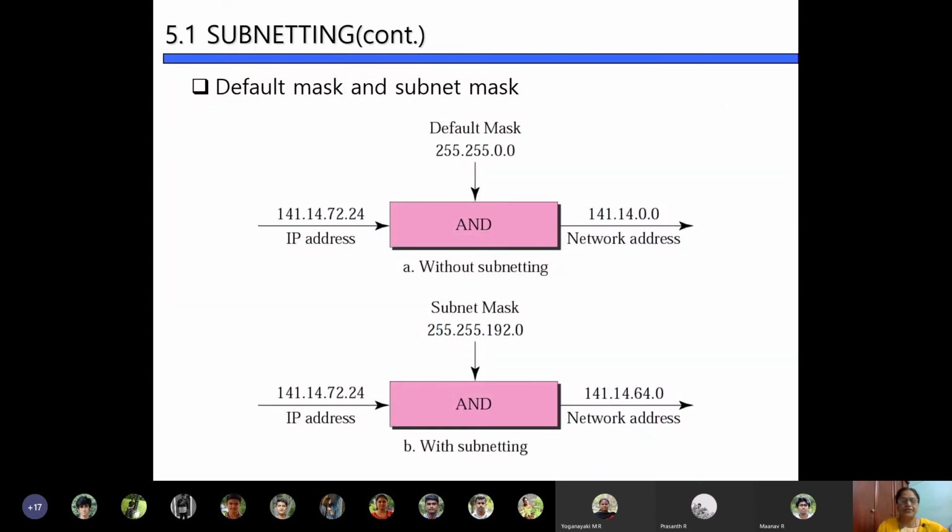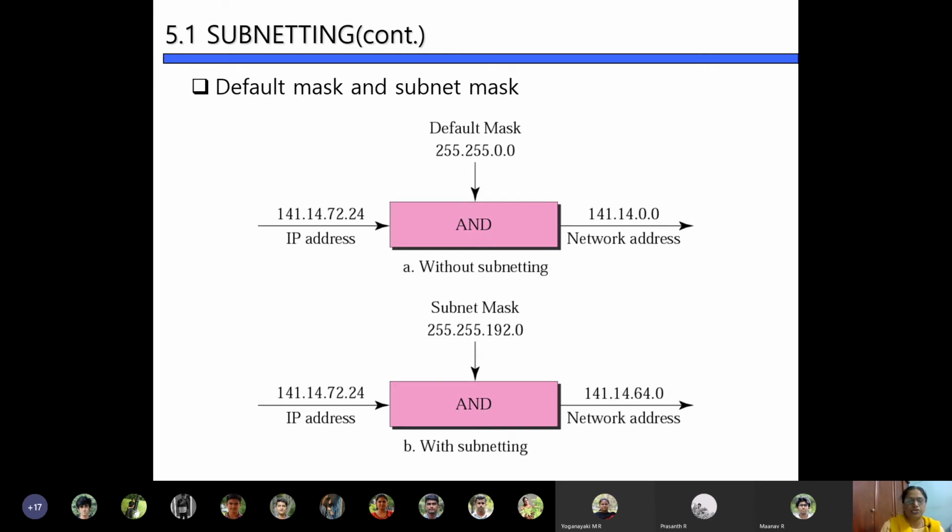I said without subnet, there is a default mask. So for class B, you know the default mask is 255.255.0.0. With subnetting, the bits you sacrifice for subnet ID also should be set as 1.